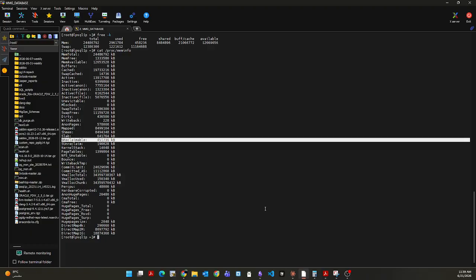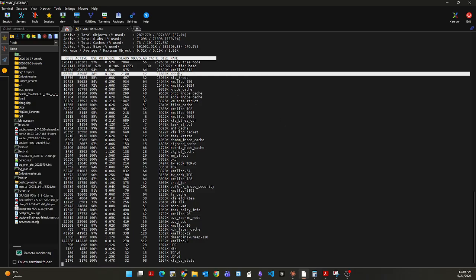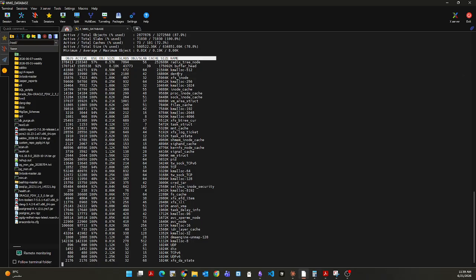When you look at the system with slabtop -sc, you'll see that the slab is basically the heap of the kernel. You'll find something, for example, like dentry. You'll see the dentry every time you access a file or a directory. The kernel takes a hash, puts it in a hash table, does some calculation, so it's not going to walk through the file system every time you access that file or directory.